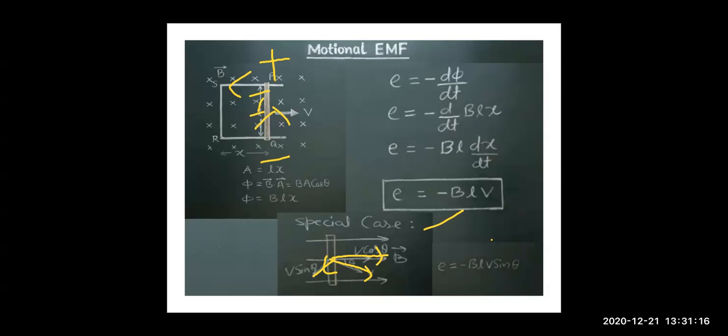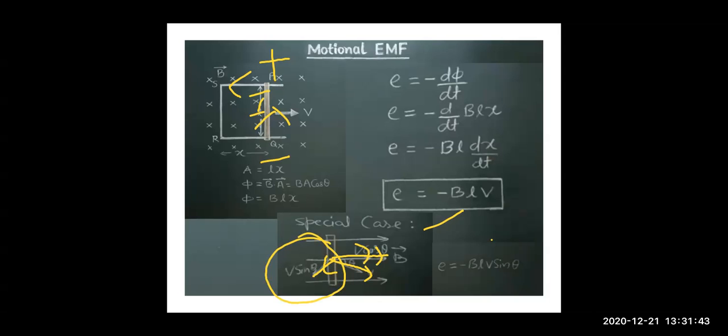Now children, as V cos theta and B are along the same direction, no induced EMF will be produced, because no magnetic field lines would be cut by the V cos theta component. So the sole component which is responsible for the change in magnetic flux is V sin theta.